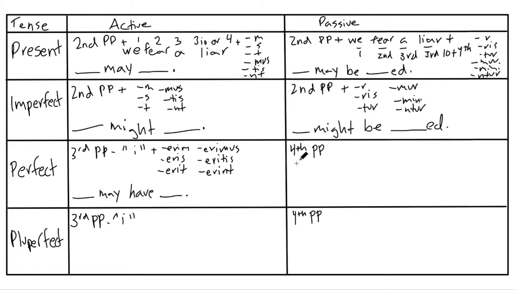For the fourth principal part, you need to differentiate between the genders, so you have a masculine, a feminine, and a neuter form. And you just leave it the way it is. You add a space, which I'm representing here with an underscore, and then the present active subjunctive mood form of the verb of being, which is sim, sis, sit, simus, sitis, sint, based on the person and number.